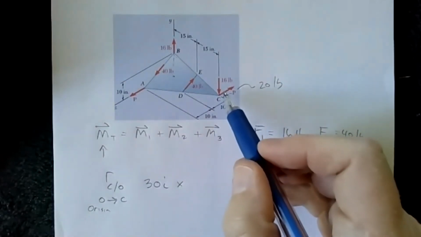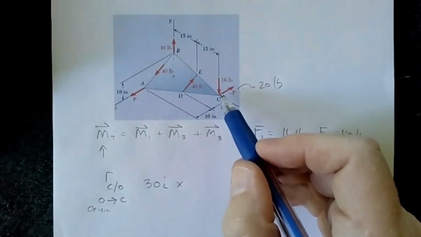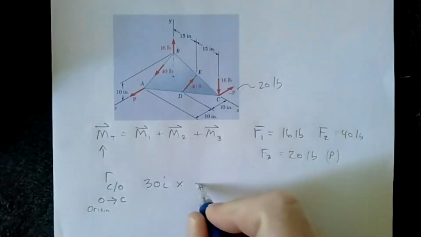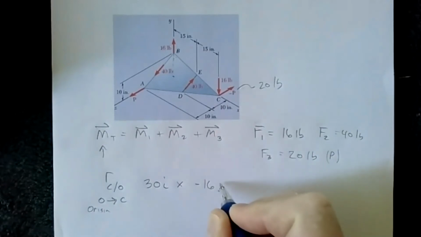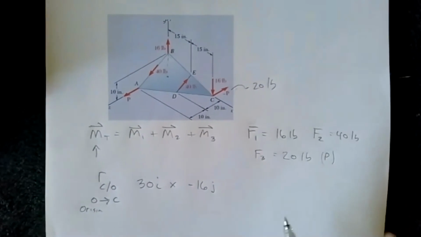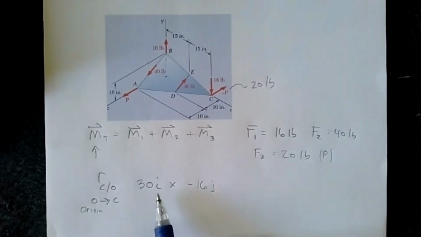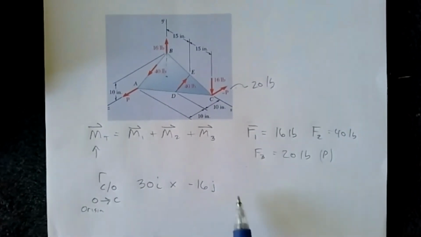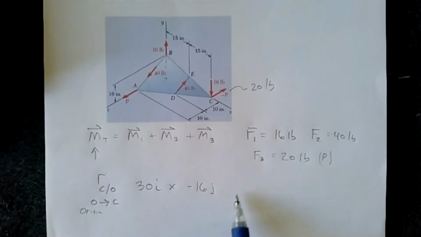Now the force at P is going in the negative y direction, isn't it? And so we're going to say negative 16J. Now, if we do I cross J, normally that's a positive, but because it's a negative, it's going to be a negative answer.